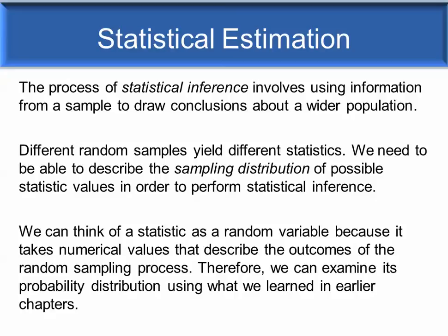So the sampling distribution is not going to be a density curve of the actual heights of people. It's going to be a density curve of the means of the heights of the different samples. If we took 1,000 different samples of 100 people, those 1,000 means would form our sampling distribution.